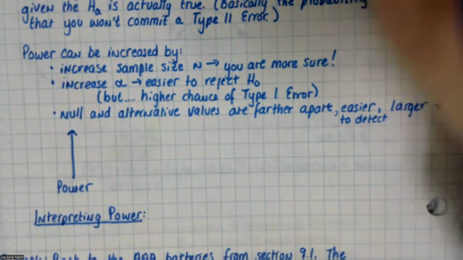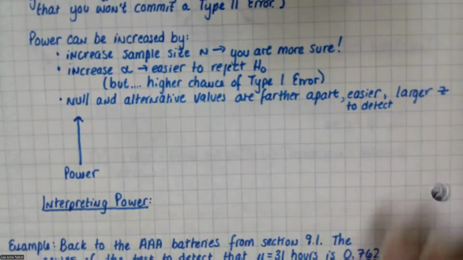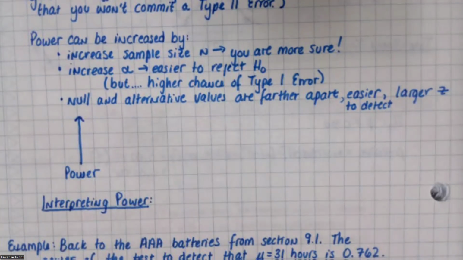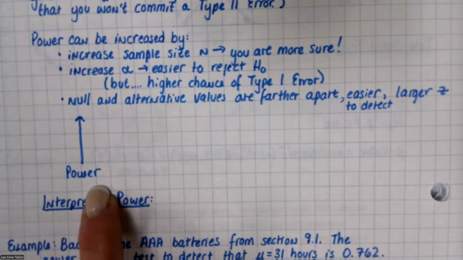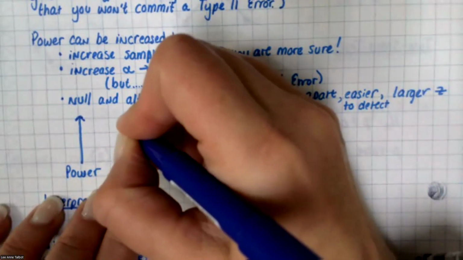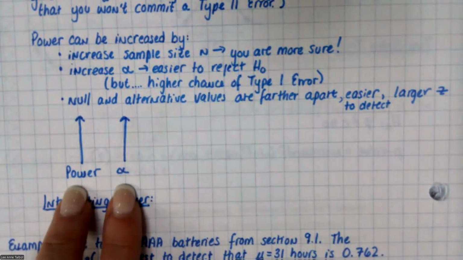The first arrow is going to be going up, and that's power. In my little diagram, I'm going to put all of the things that go in the same direction. If I increase power, and power is a good thing, right? We like to have power. So increasing power goes with increasing alpha. Increasing alpha and increasing power go in the same direction.